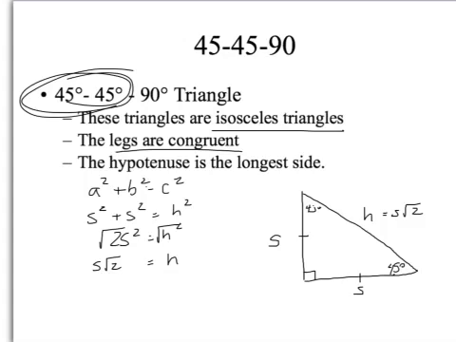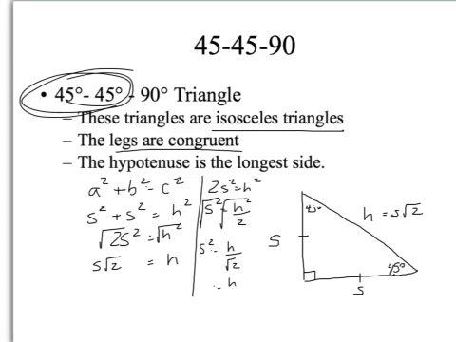Well, what happens if I look at this, where I had 2s squared equals h squared, and now I want to solve for my side length instead of my hypotenuse? Well, my side squared will equal my hypotenuse squared divided by 2, right? And if I square root both sides, then I get s equals h over the square root of 2, which is h square root of 2 over 2.